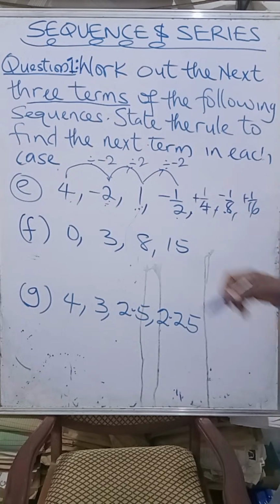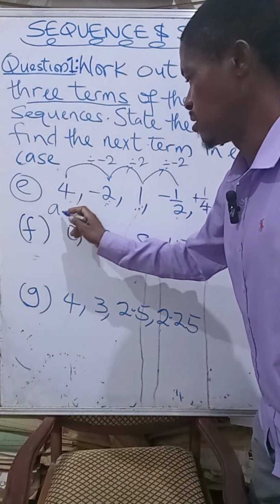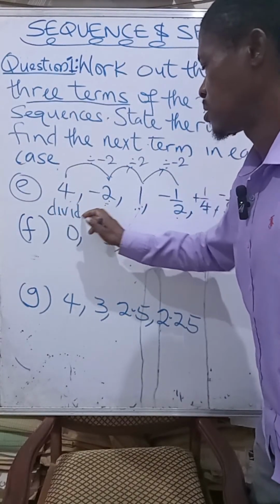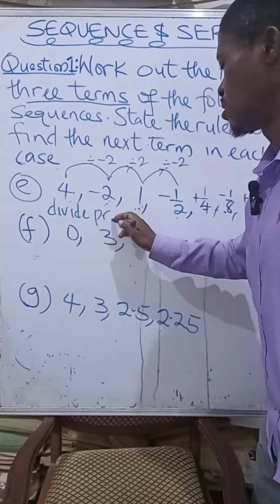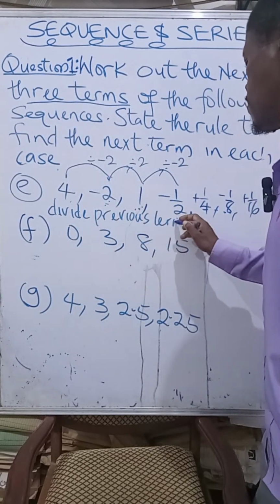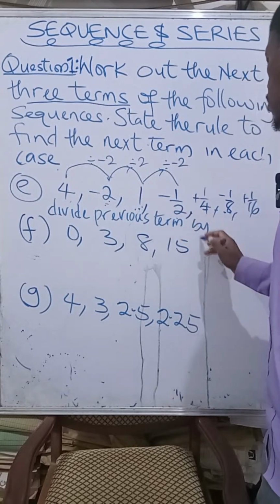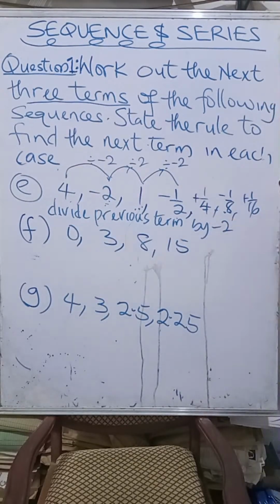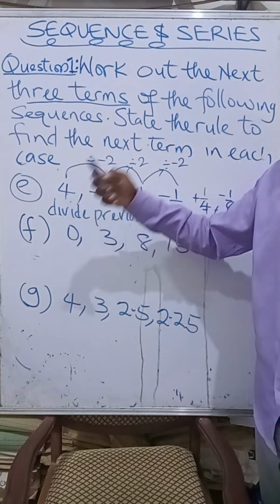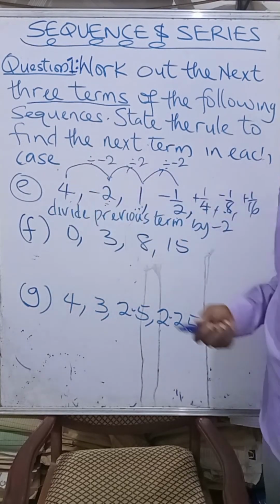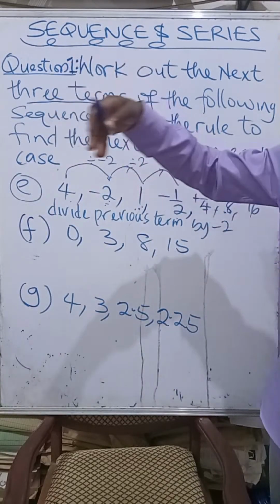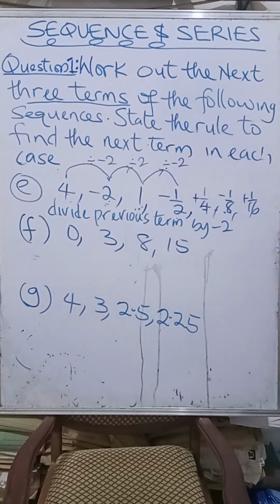So the rule is divide the previous term by minus 2, or you can say multiply the previous term by minus half. It's the same thing.